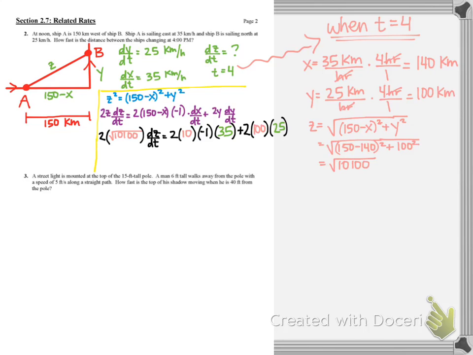Now all we need to do is solve for dz/dt. When I do this, I get 4,300 over 2 times the square root of 10,100, which is 215 over the square root of 101, which is approximately 21.4 kilometers per hour.